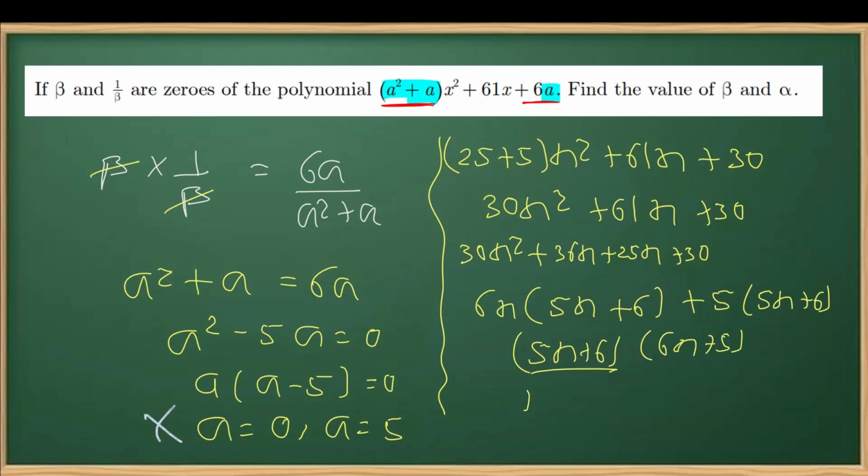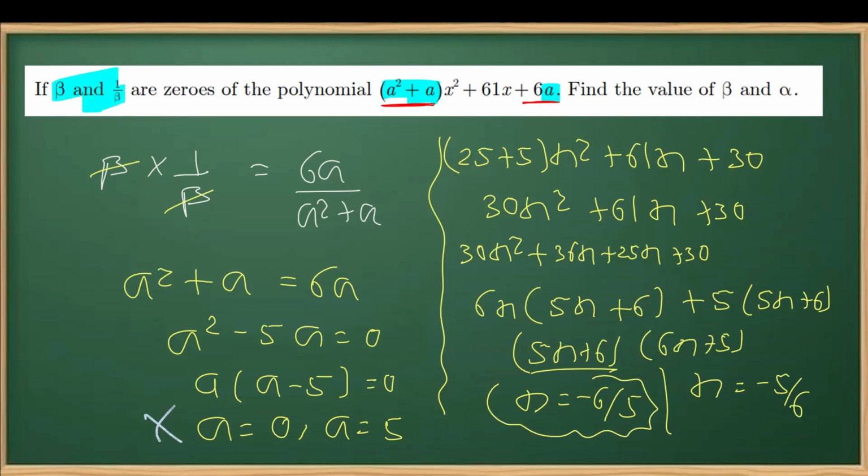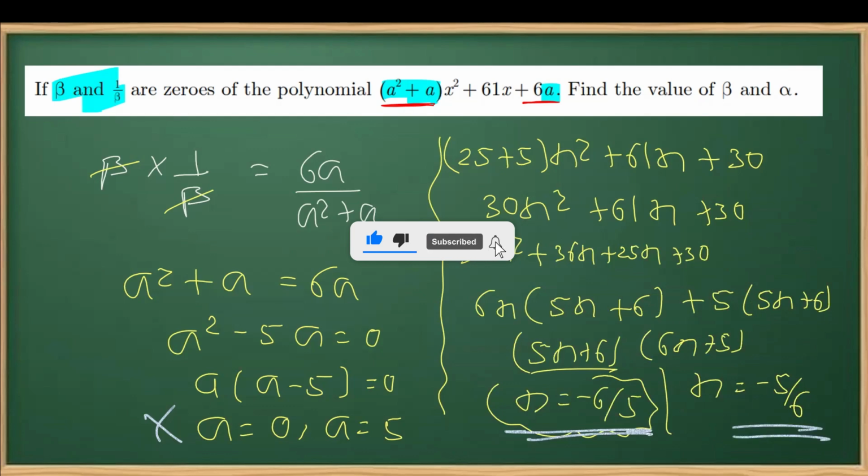Equating this with 0, we get minus 6 over 5, and equating the other part as 0, we get minus 5 over 6. That's right also, because you can see that the zeros are reciprocals of each other. So the two zeros are minus 6 by 5 and minus 5 by 6.